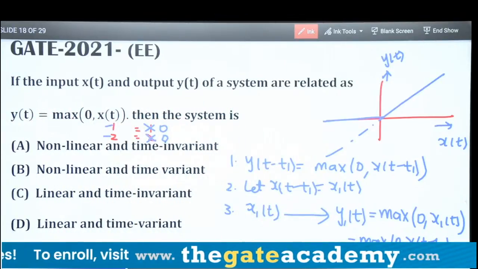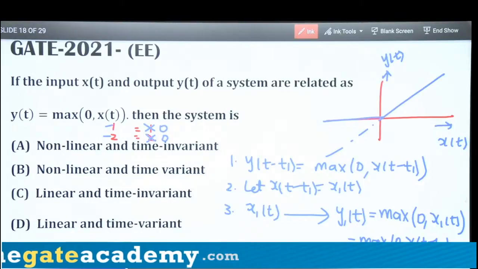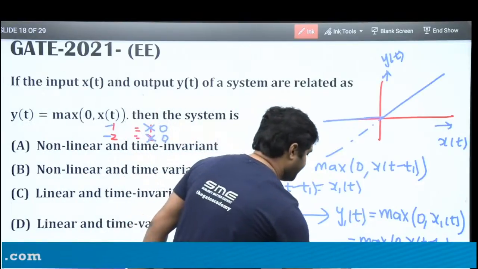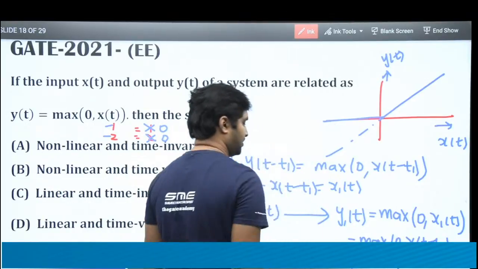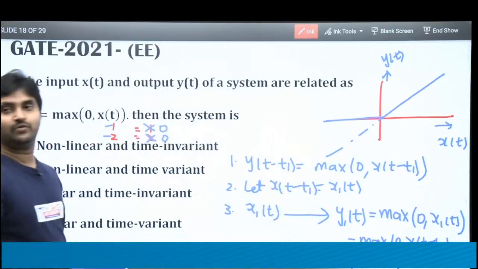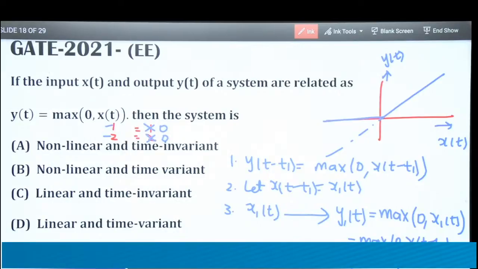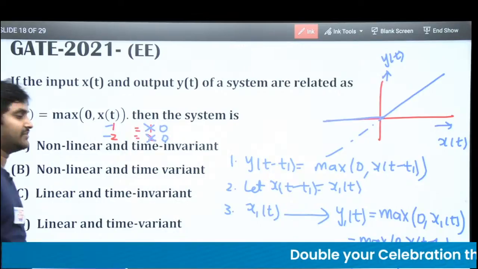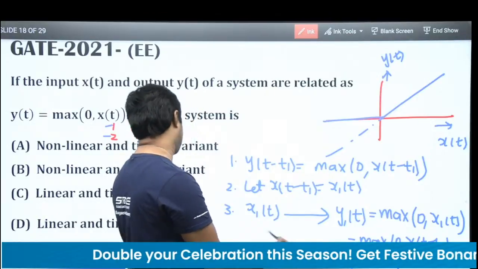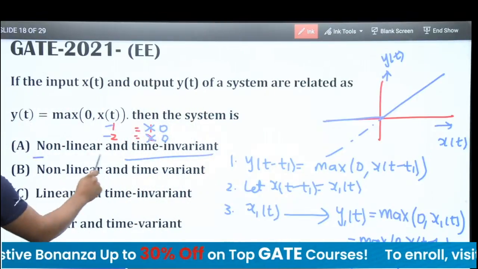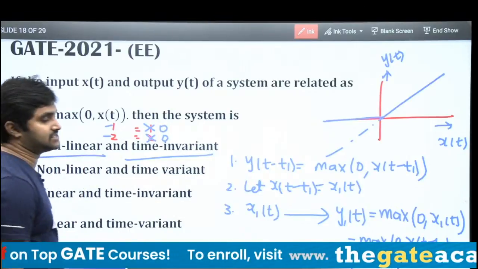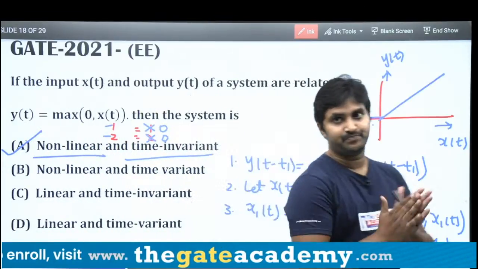So thereby y1 of t is equal to y of t minus t1. So the system is time invariant and the system is non-linear. The correct answer is non-linear and time invariant.